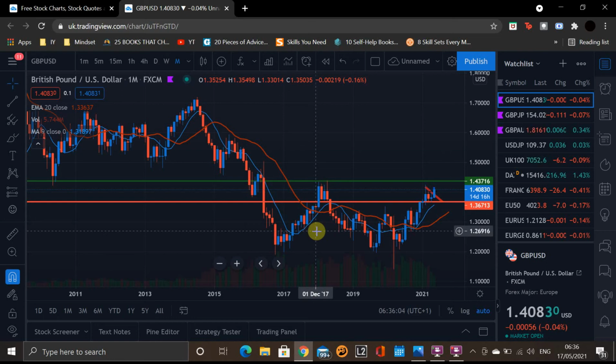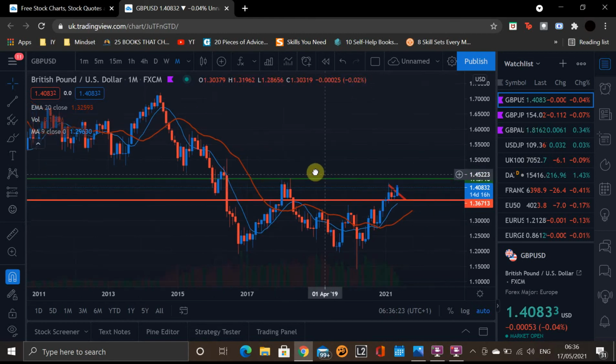So whatever happens on the bigger time frame is what is most likely going to occur on the smaller time frames. So the monthly is more superior to the weekly, daily, 4 hour, 1 hour, 15 minute, 5 minute, and 1 minute.